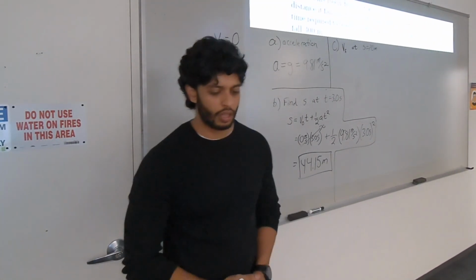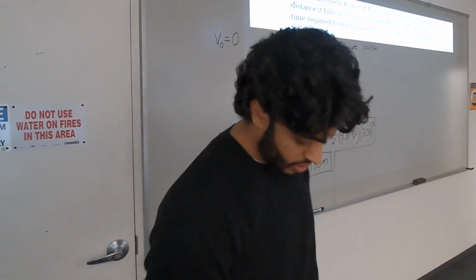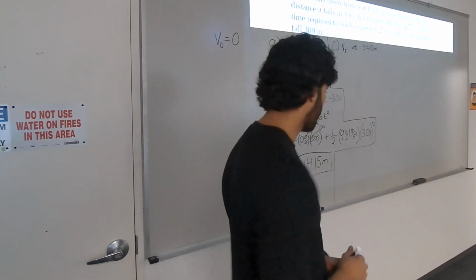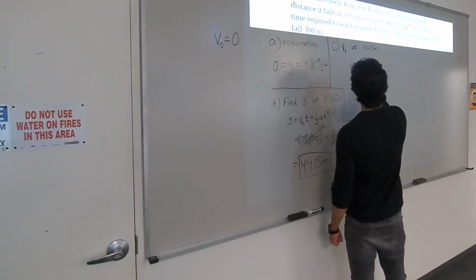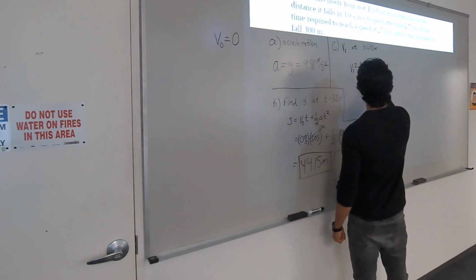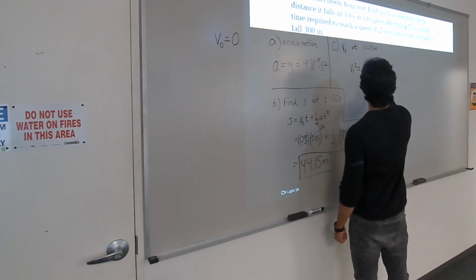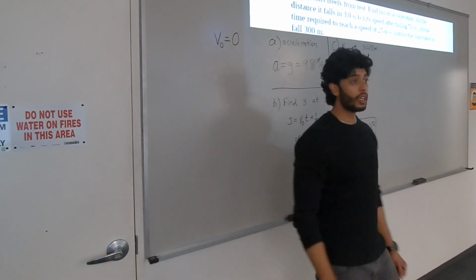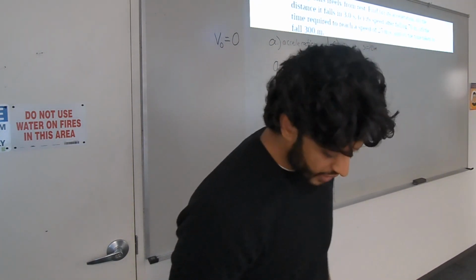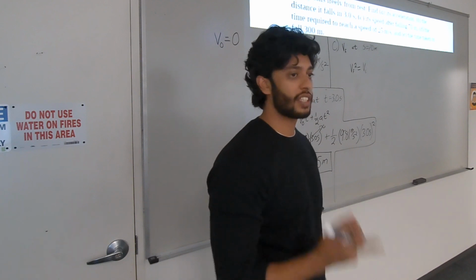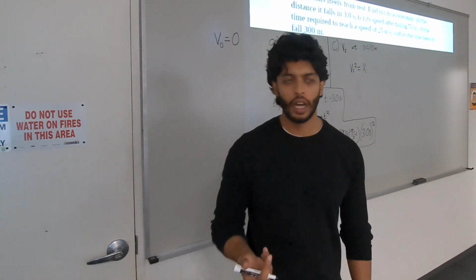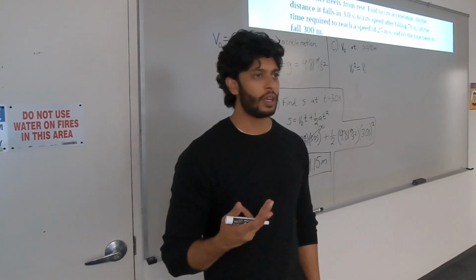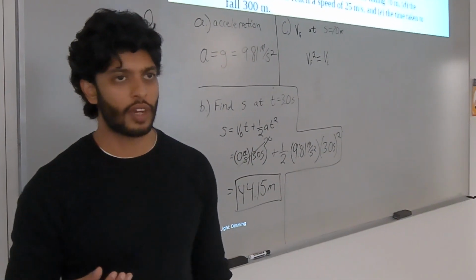VF squared equals V initial squared plus 2as. Why would you use that formula? Because we have our acceleration and we have the distance traveled. So you have to look at the variables that you already have out of our list of four or five equations.